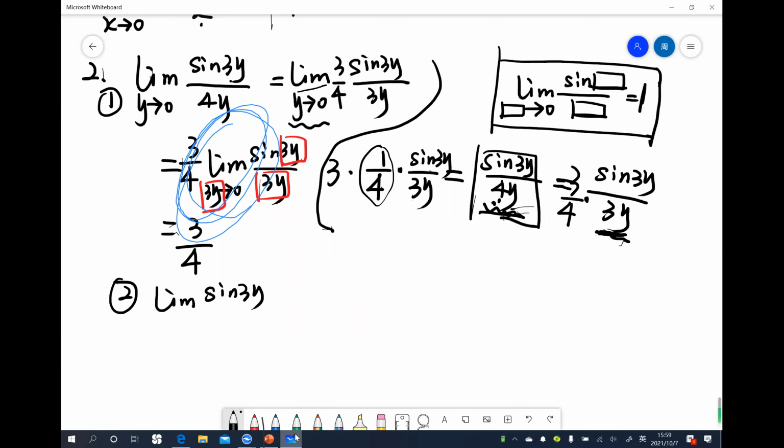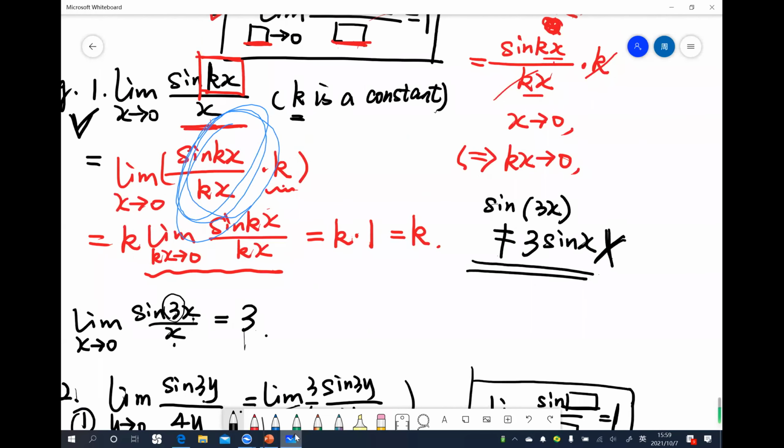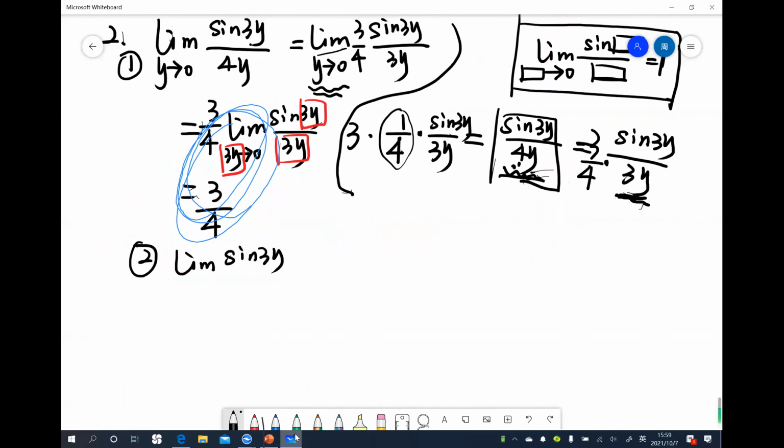I have explained it above. As x approaches 0, that means kx also approaches 0, right? Here, the letter is changed. y approaches 0. Also, we can have that 3y also approaches 0 here. So here you can write 3y approaches 0.